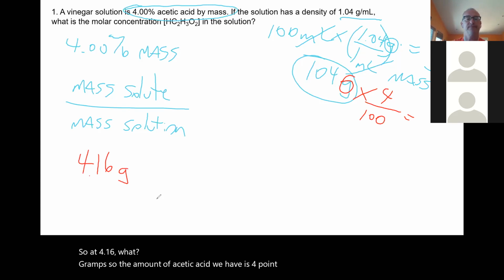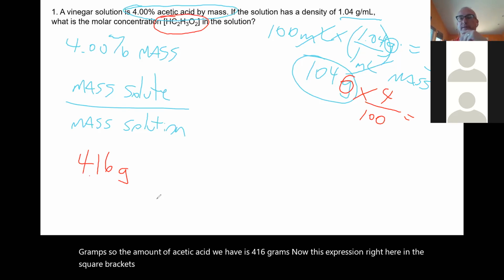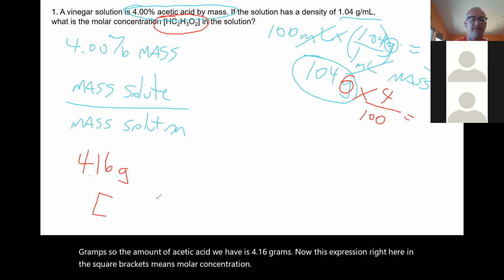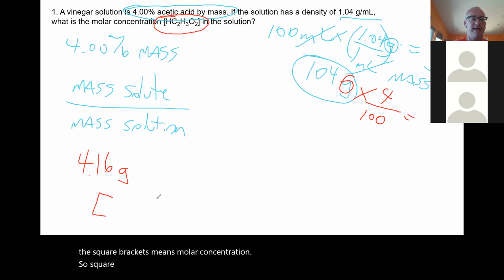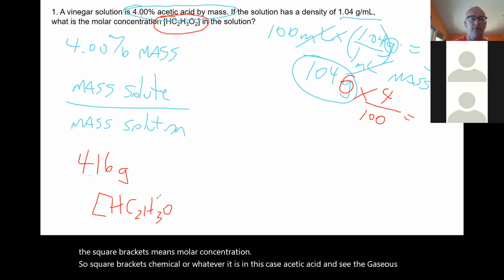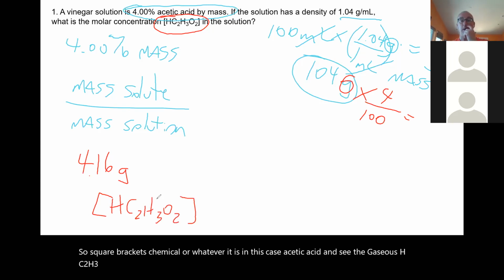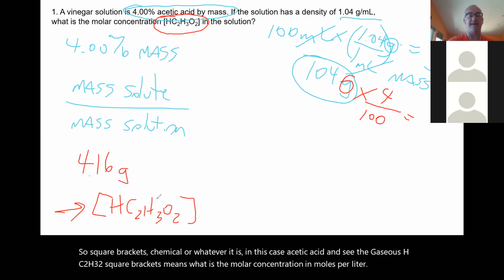So the amount of acetic acid we have is 4.16 grams. Now, this expression right here in the square brackets means molar concentration. So square brackets, chemical, whatever it is, in this case, acetic acid, HC2H3O2, square brackets, means what is the molar concentration in moles per liter of acetic acid.